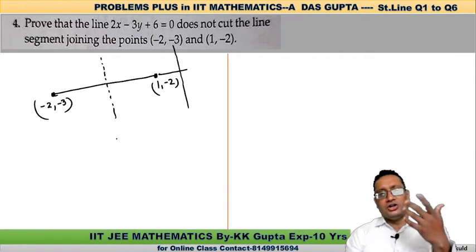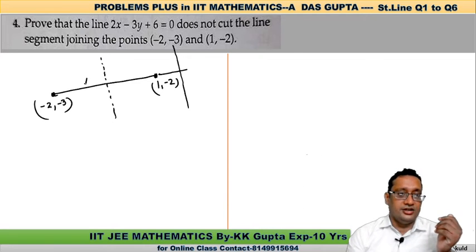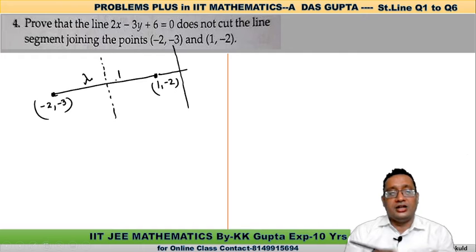Now I'm considering it is cutting, as an internal division. I'm taking the ratio lambda to 1.